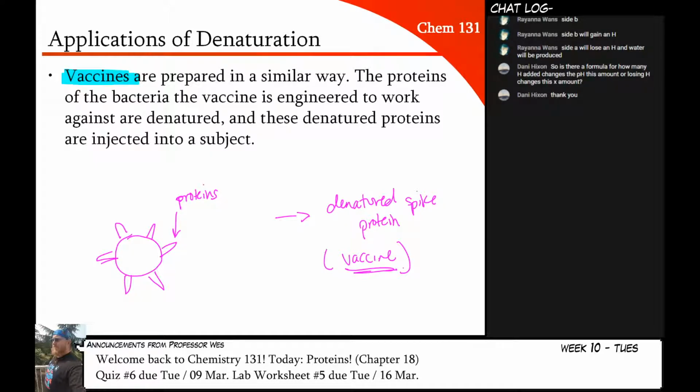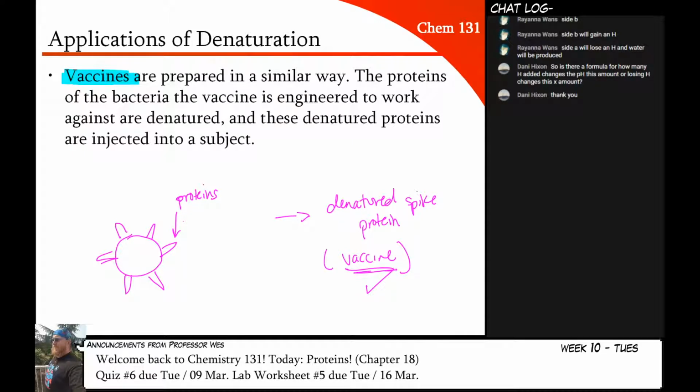Then what we can do is we can administer it to a person, and the body goes, hey, I know what that sequence of proteins is. That's bad. And the immune system will then attack that sequence of proteins, and it will remember, okay, if I see this specific order of proteins, I want this gone. And so then your body knows, okay, I can deal with this specific order.